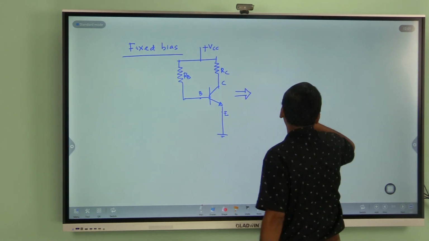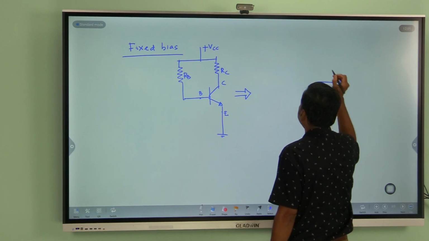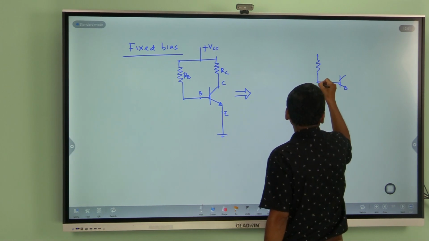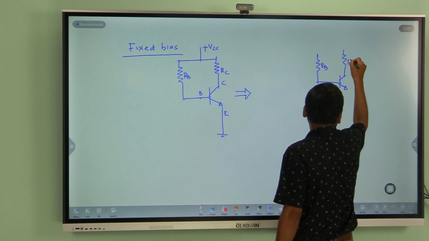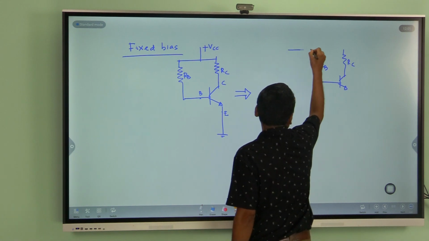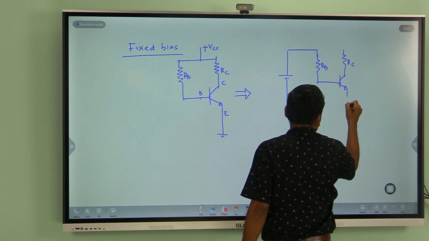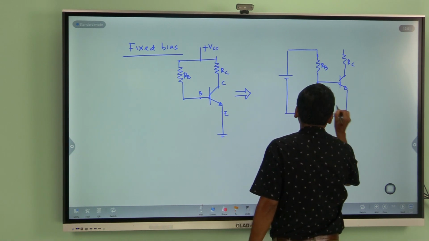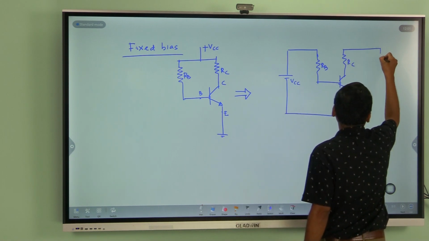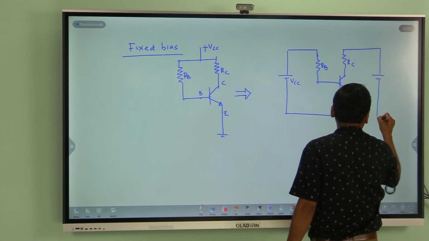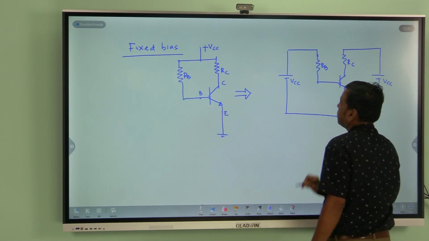If I simplify this circuit, it will be like this. This is your RB, this is your RC, VCC here, this is grounded, and this is also your VCC, this is grounded.